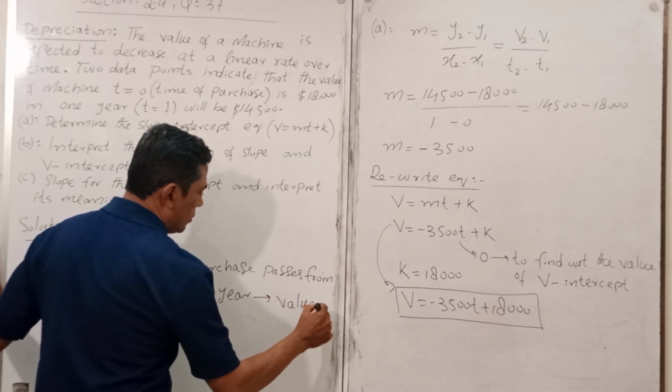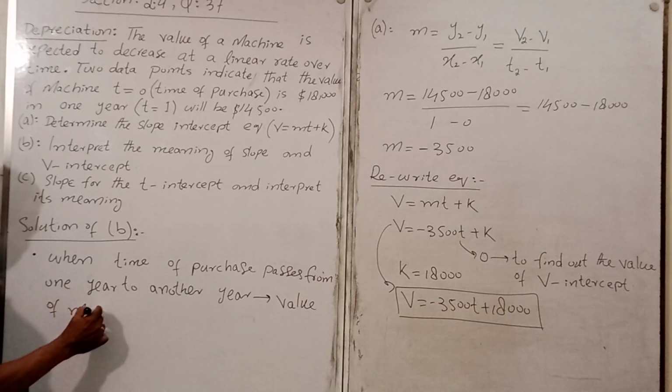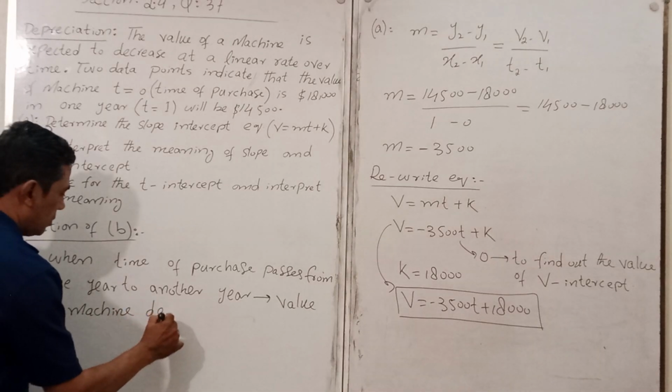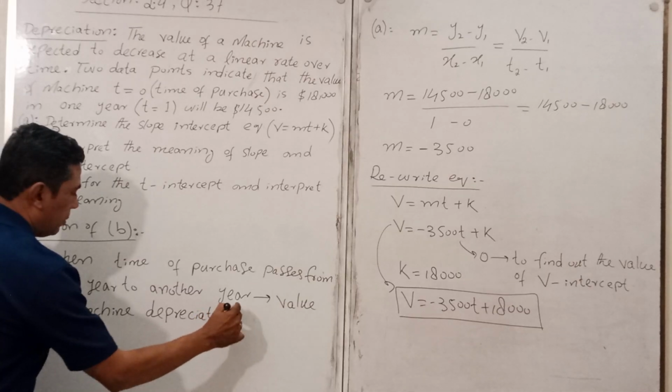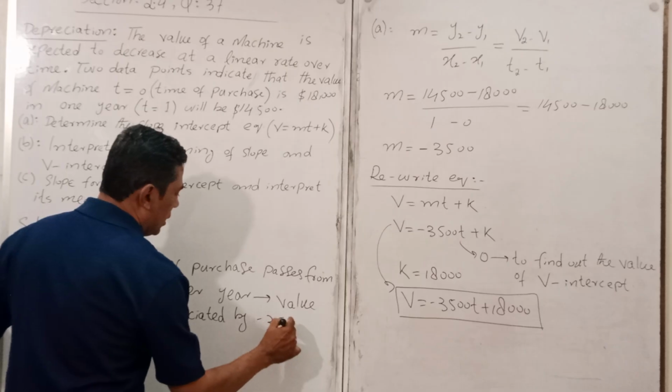Value of machine depreciated by minus $3,500.